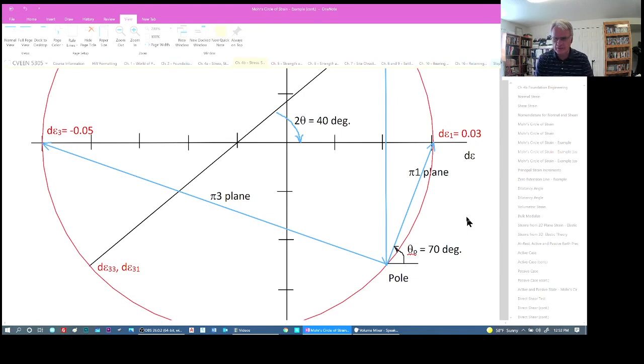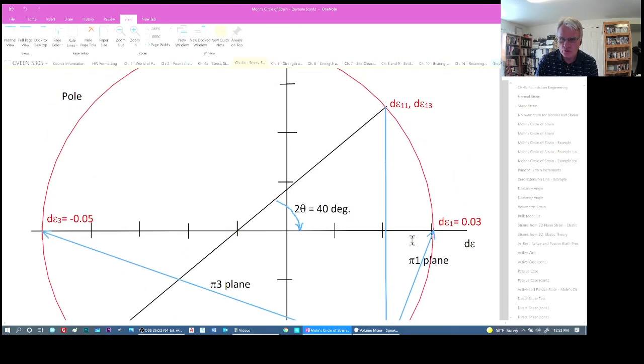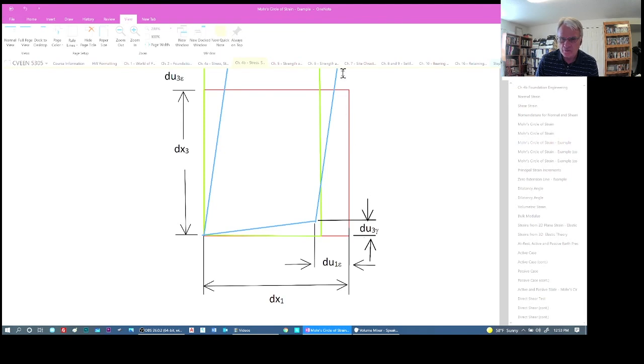Then to get the coordinates of the major principal strain, that plane, the pi 1 plane, we have to find the pole. First we'll use this point here, and the strain represented on that plane was a vertical plane.